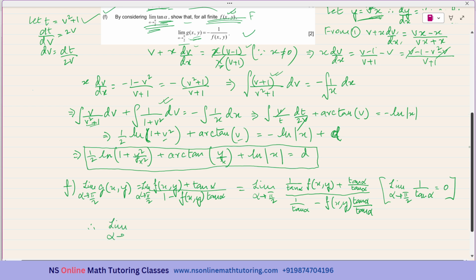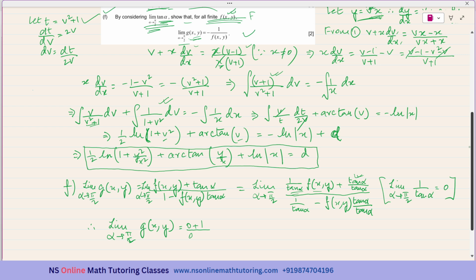limit alpha tends to pi over 2, g of x comma y is equal to, this is equal to 0, 0 times this f of x comma y will be equal to 0. So the numerator will be 1. Tan alpha over tan alpha, it is 1. So it is 0 plus 1 over, since I'm not having alpha anymore, I'm not writing limit for the right hand side.